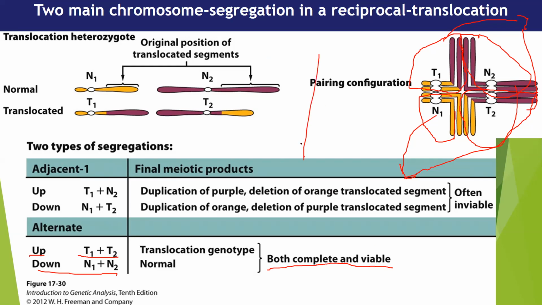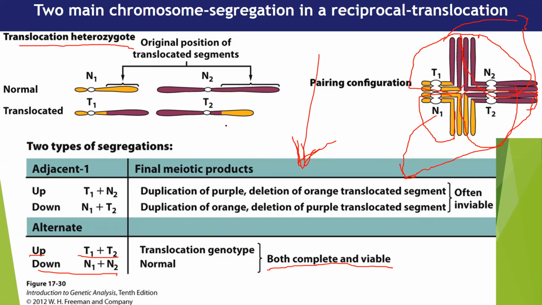And definitely in the final exam, I'm going to give a multiple choice question like this to ask you what the resultant viable gametes from this translocation heterozygous situation will be. The key point is to look for the gametes that are balanced, so they have everything and no extra, no deletion.